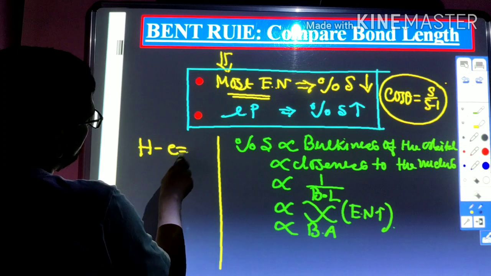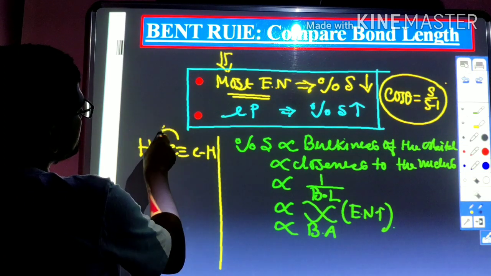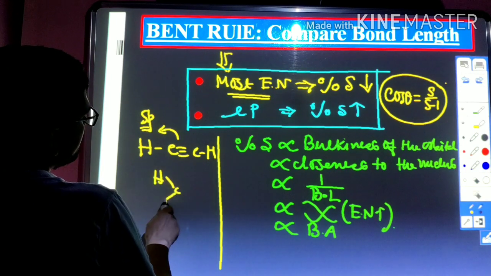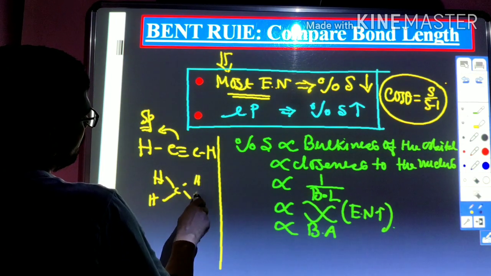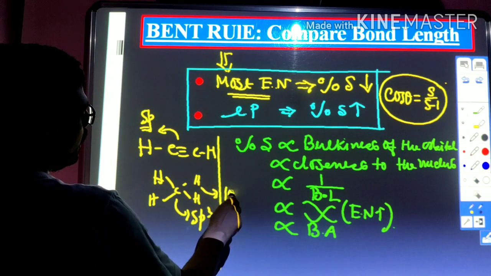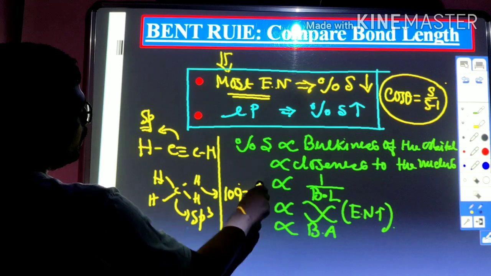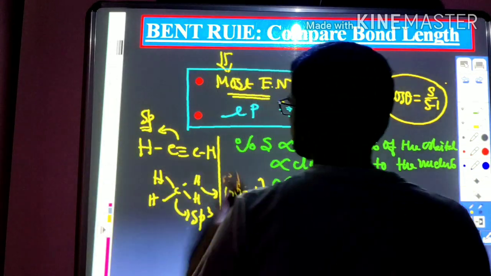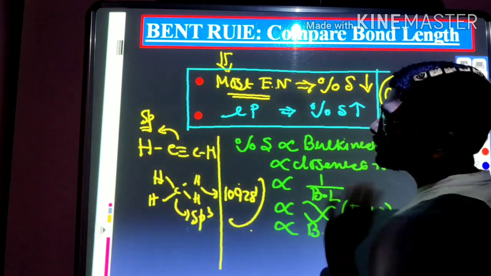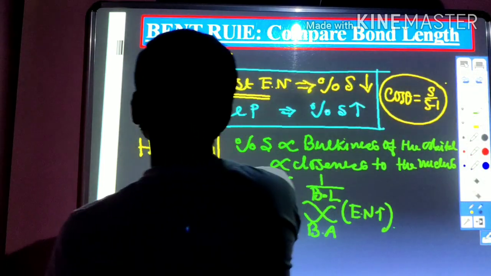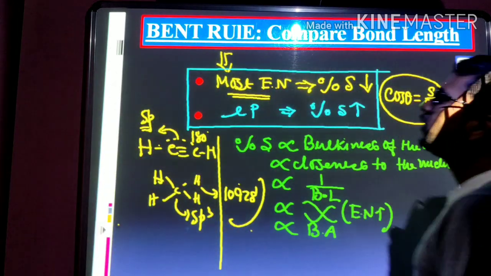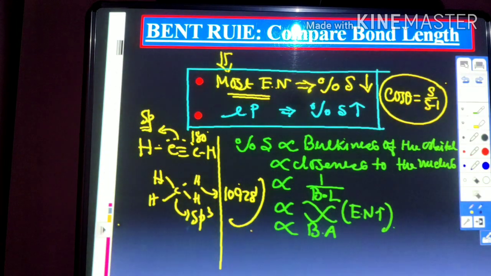Here this is sp2 hybridized orbital, so the bond angle is 120. Here like CH4, this is sp3, bond angle 109 degrees 28 minutes. So the percentage of s character increases. Here 50% s character, bond angle also increases. Here the bond angle is 180 degrees. Okay, done. No problem.